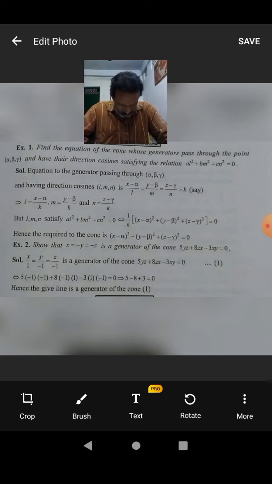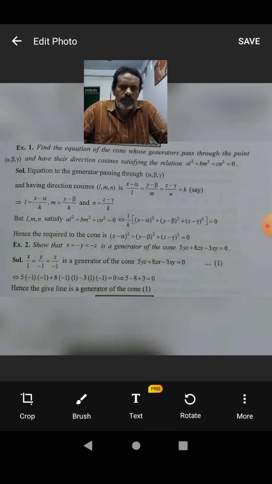So I am taking the given generator, which can be rewritten as the line x by 1 is equal to y by minus 1 is equal to z by minus 1. Automatically you can observe that the x, y, z values are nothing but 1, minus 1, minus 1.